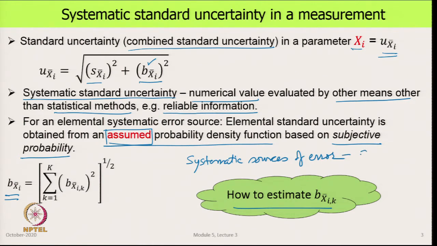Those are all the elemental sources of error. And each elemental source of systematic error has an elemental standard uncertainty, which is our Bxik. So, that is what it is we want.